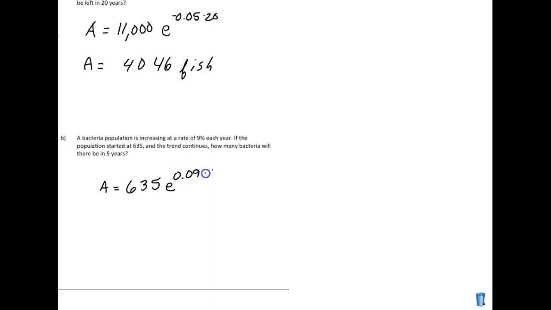So we're going to put this in here, and we're going to multiply it out. And what we get is 995.8. So again, we probably don't have 0.8 bacteria, so we're going to say 995 bacteria.